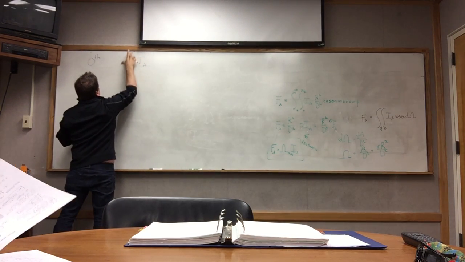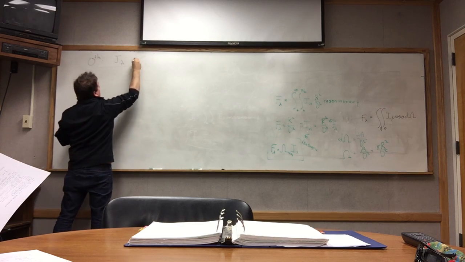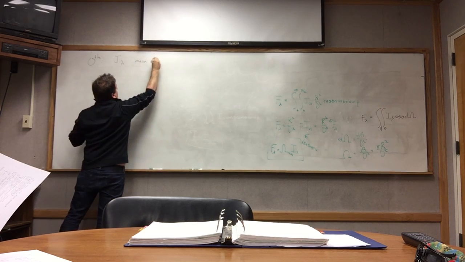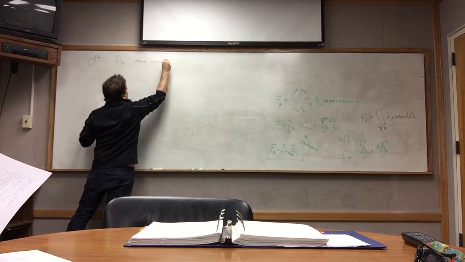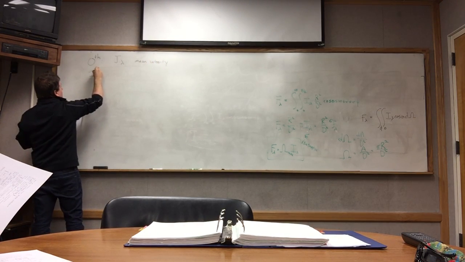The 0th moment is J lambda, the mean intensity. The first moment is the flux.